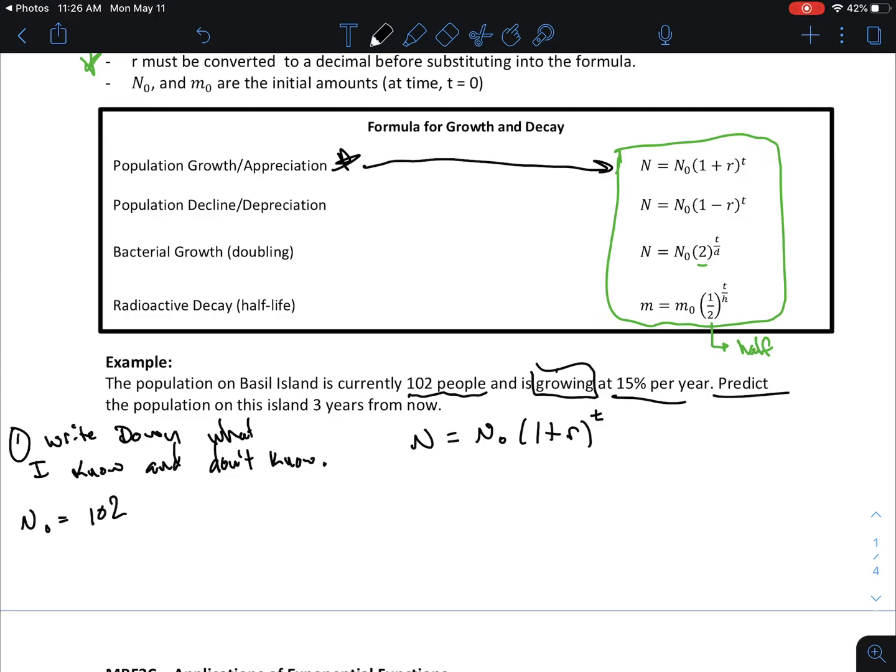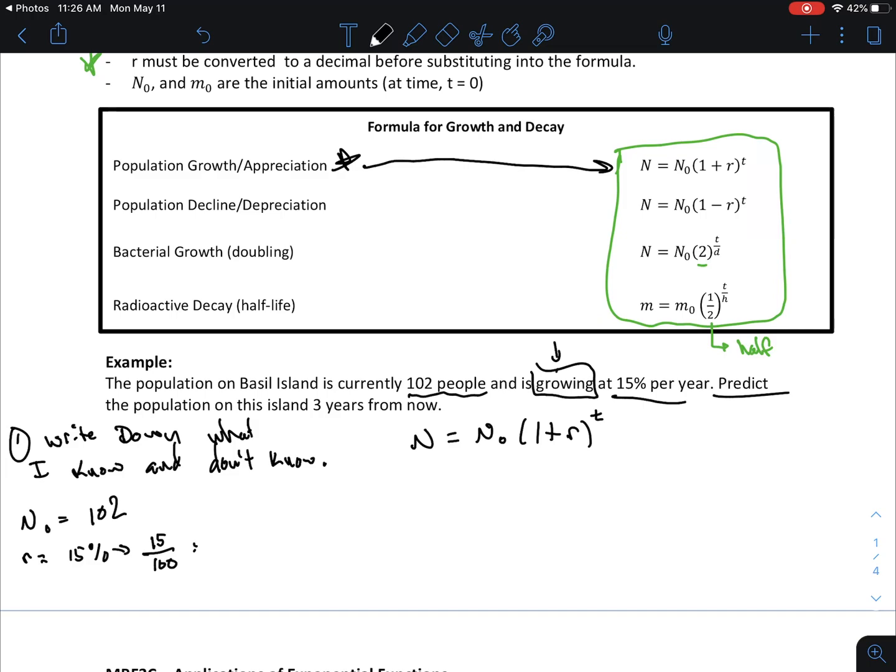So let's go down here. N naught is going to be 102 people in this question. So N naught is equal to 102, okay? Now, let's keep reading. It's growing at a rate of 15%. So R is going to equal 15%, but remember, I cannot leave it as 15%.